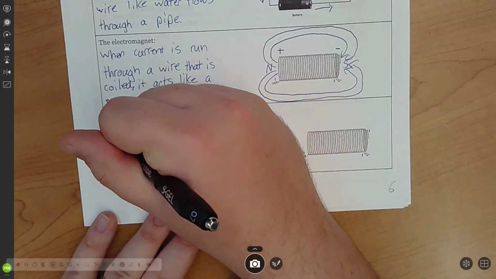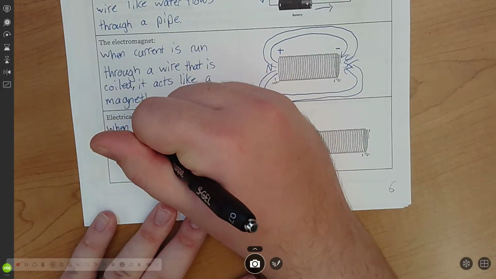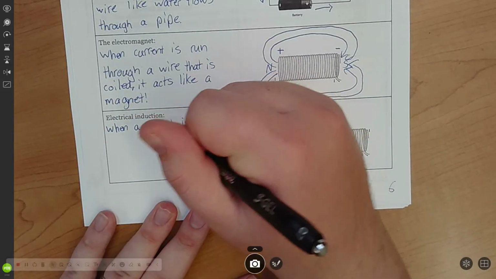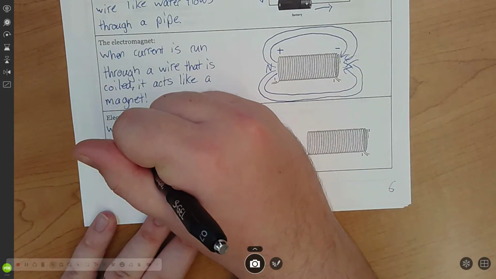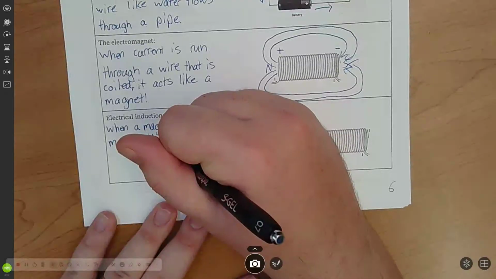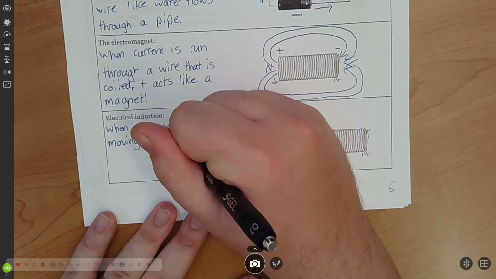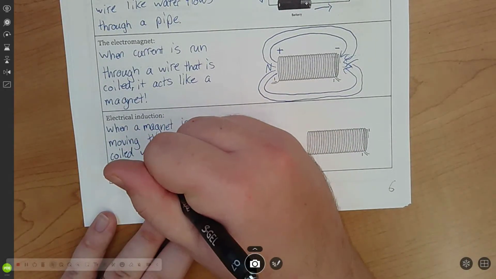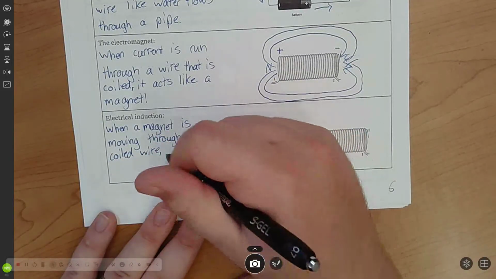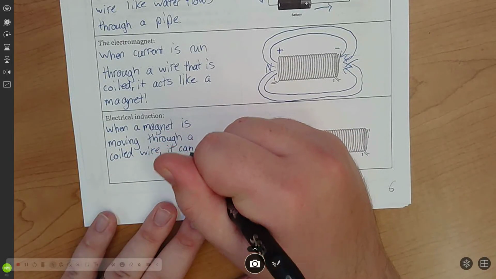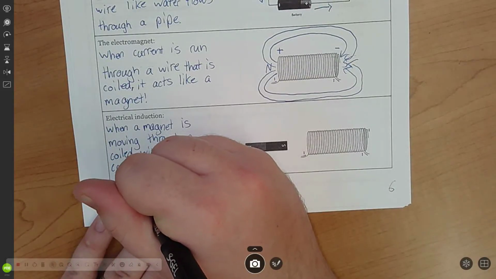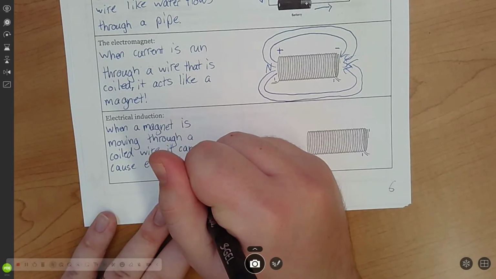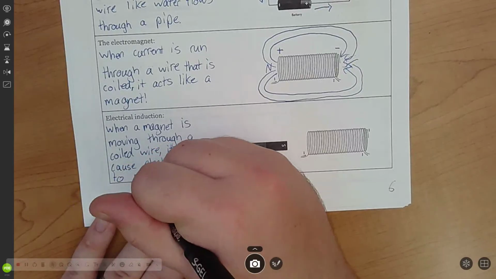So when a magnet is moving through a coiled wire, it can cause electricity to start flowing.